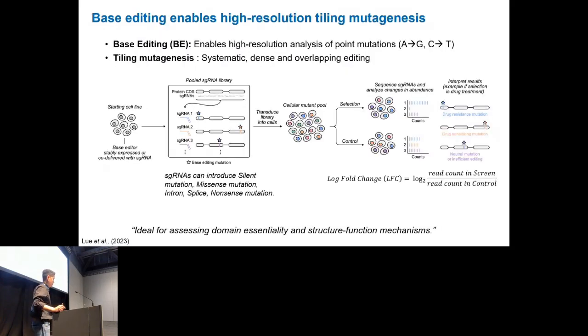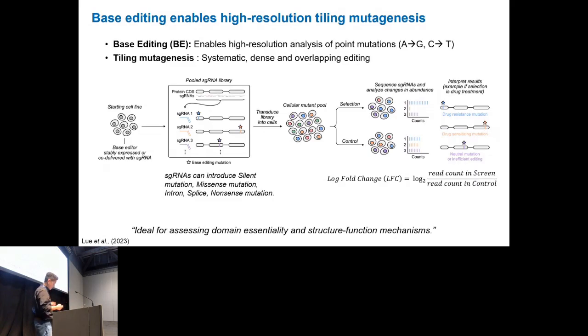So base editing, or BE for short, is built on a CRISPR gene editing system. But unlike conventional CRISPR editing, base editing can introduce a single point mutation by chemically modifying the amine or amino group from DNA bases.